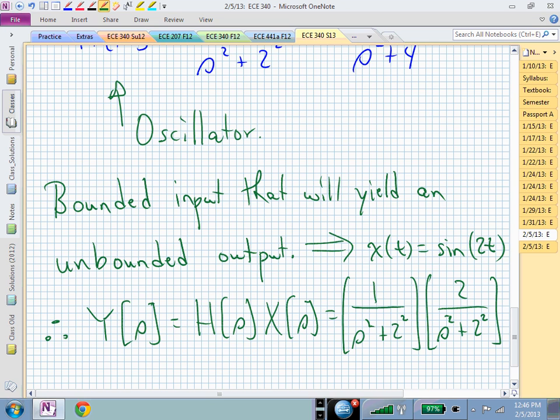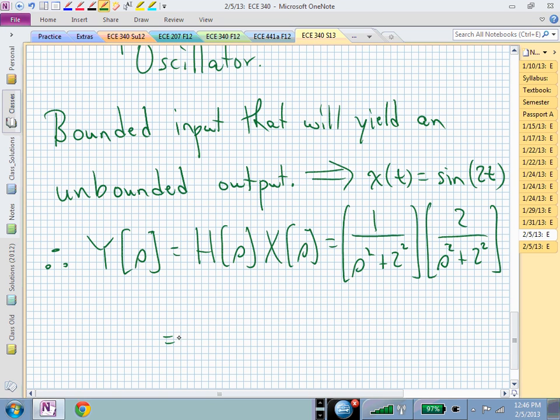The key concept here is that we now have a denominator term that's squared. Meaning if I gave you, let's say, an output that had a Laplace transform 1 over s, what would that be in the time domain? That's a step, isn't it?